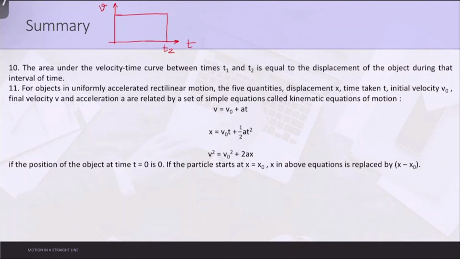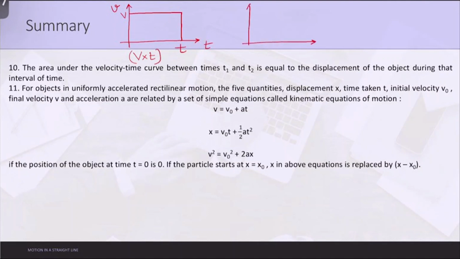If this is the velocity V, then the area is nothing but capital V into t. Similarly, if this is the velocity time graph, the area will be nothing but half capital V into t.